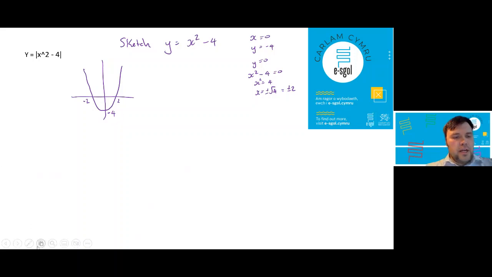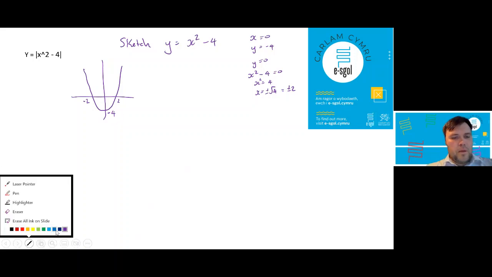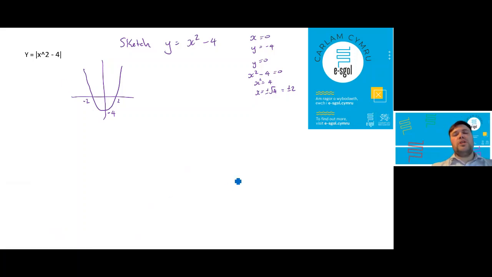So if I choose a different color. The modulus of that would be that you wouldn't have anything below the x-axis. So it'd come down and then it would bounce up. So then it's going to be minus 2, it's going to be 2, and then this minus 4 is going to be 4 here.